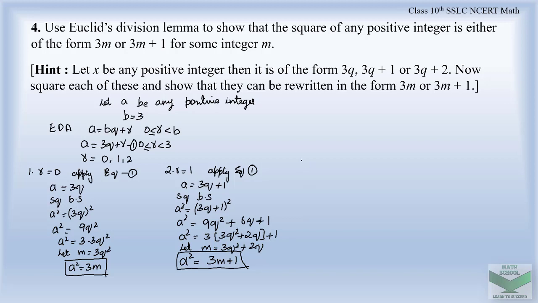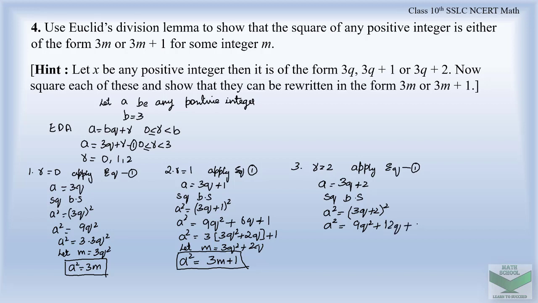Okay. Now taking the third value of r, where r is equal to 2. So applying this again in equation 1, we get a is equal to 3q plus 2. Now square on both the sides, we get a square is equal to 3q plus 2 the whole square. Again using the a plus b the whole square formula, a square is equal to 3 3s are 9q square plus 3 into 2 is 6, 6 into 2 is 12q plus 2 2s are 4.